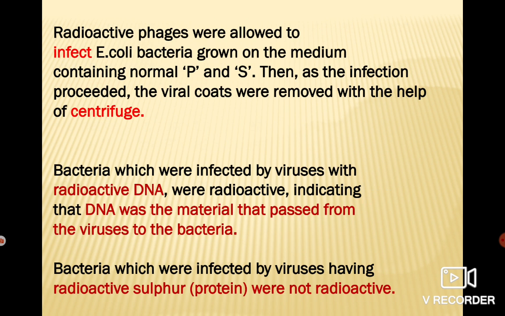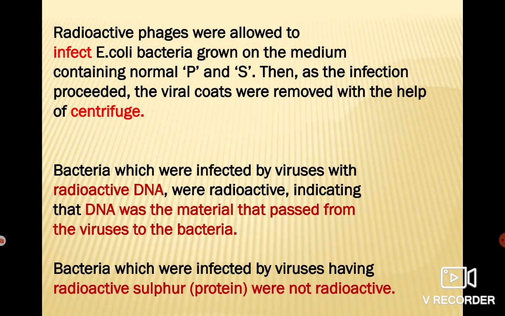Again we will see. Radioactive phages were allowed to infect E. coli bacteria grown on the medium containing normal phosphorus and sulfur. Then as the infection proceeded, the viral coats were removed with the help of a centrifuge. Bacteria which were infected by viruses with radioactive DNA were radioactive, meaning that DNA entered into the bacterial cell, indicating that DNA was the material that passed from the viruses to the bacteria.